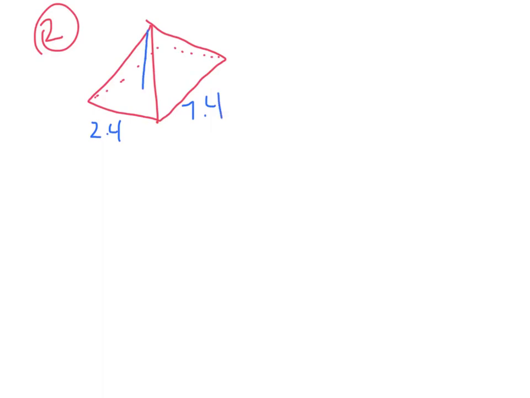All right, let's try another one. All right, we have 2.4, 7.4, and 8.7. So we have volume equals length times width times height over 3.